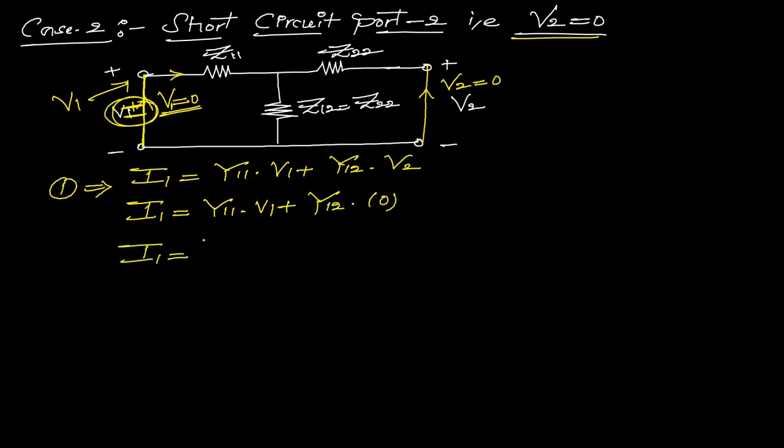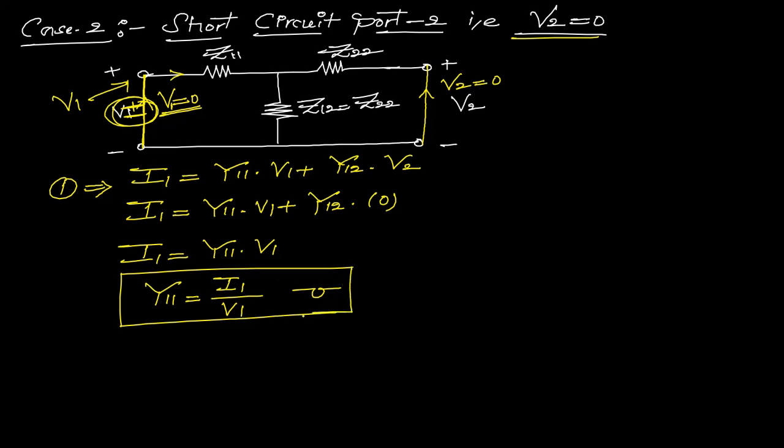So I1 is equal to Y11 V1, plus 0 into something, which is 0. So I1 is equal to Y11 V1. Now from this we can write Y11 is equal to I1 divided by V1, and the unit of this Y11 is always mhos.